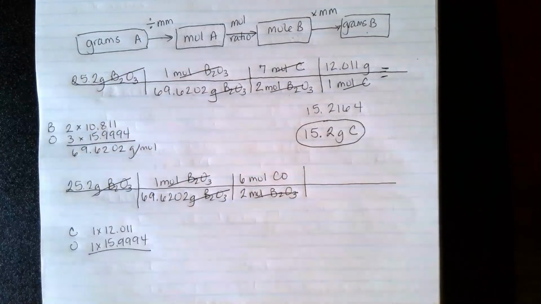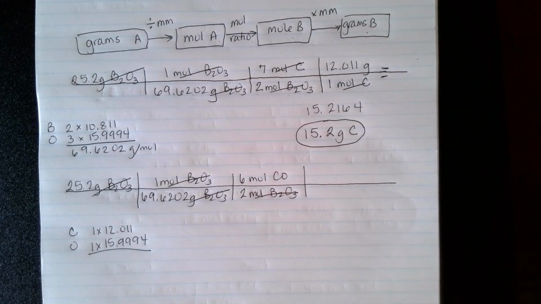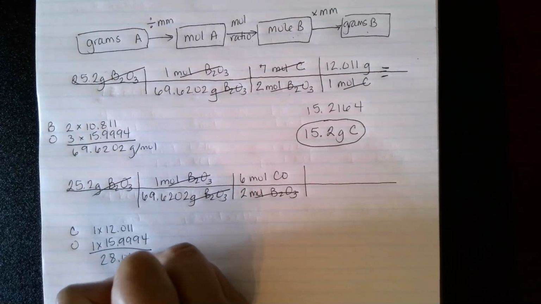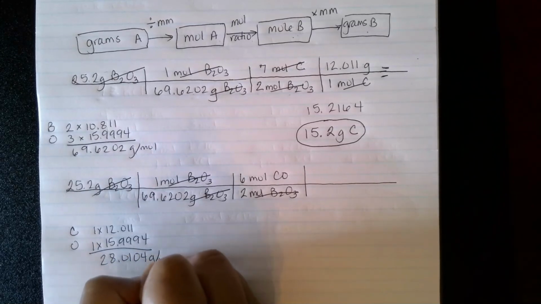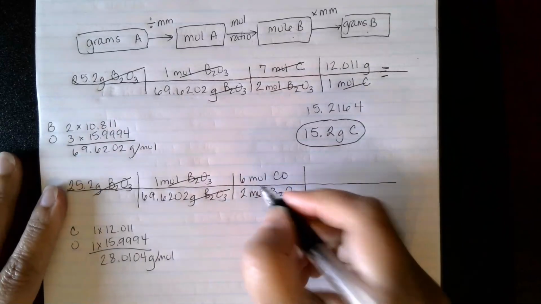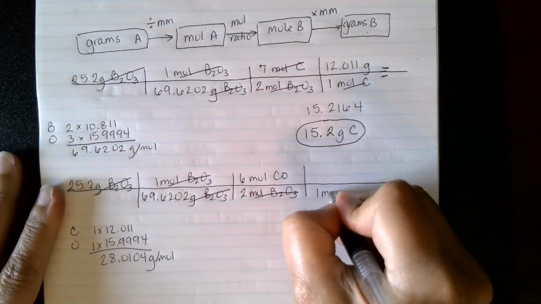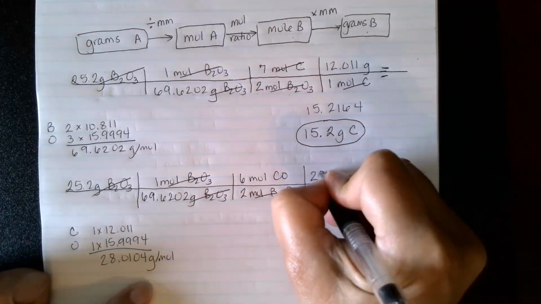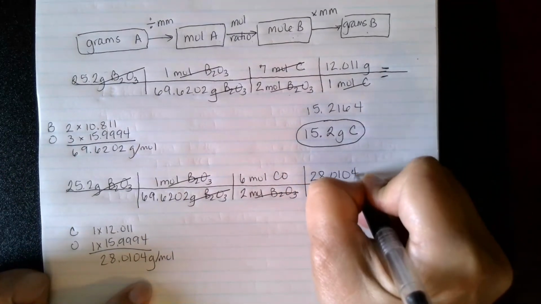I'm going to take those masses from the periodic table and add them up. I got 28.0104 grams per mole. So I have moles on the bottom, 1 mole, and grams on the top, 28.0104 grams.